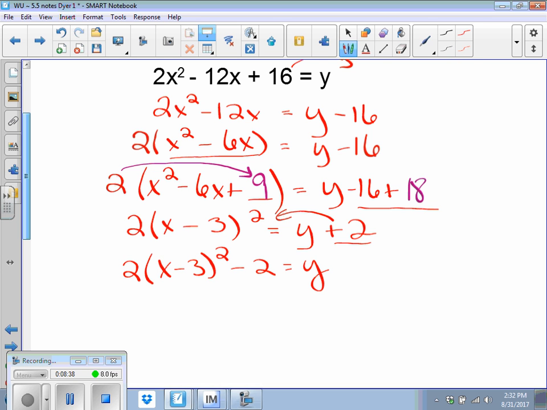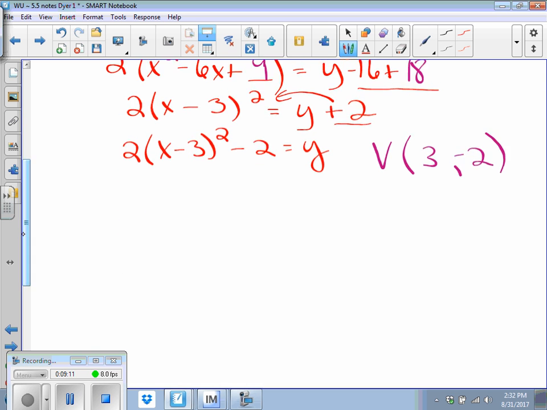Now, what's my vertex? 3, negative 2. It's the opposite inside the parentheses, so it's a positive 3, and it's the same outside the parentheses, so negative 2. So my vertex is (3, negative 2). A is 2. Does this parabola, if I graph it, open up or down? Up. How do you know? Good, because A is positive.